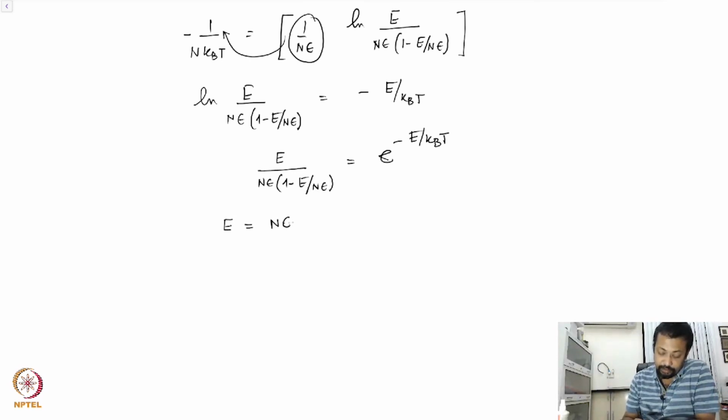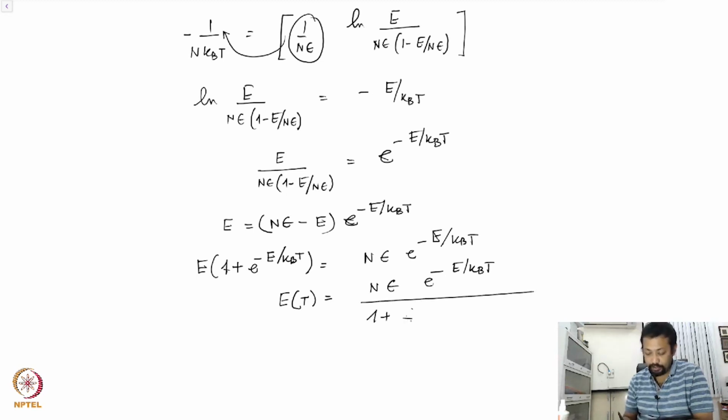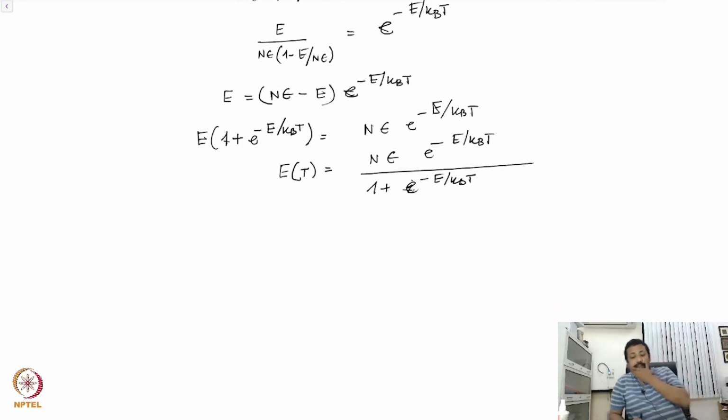So I can write down N epsilon minus E to the power minus epsilon over kB T. So that E, if I bring it to this side, 1 plus e to the power minus epsilon over kB T is equal to N epsilon e to the power minus epsilon over kB T. Therefore, the energy as a function of temperature becomes N epsilon e to the power minus epsilon over kB T divided by 1 plus e to the power minus epsilon over kB T. Right?